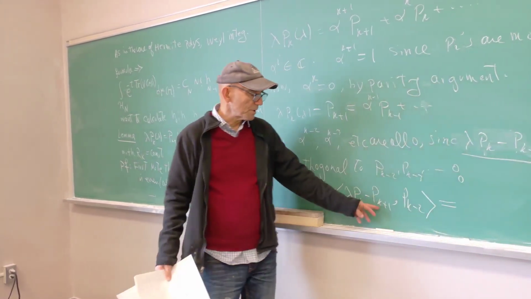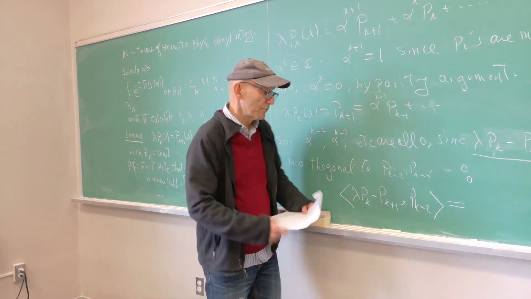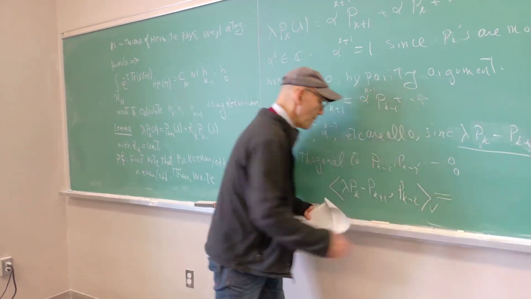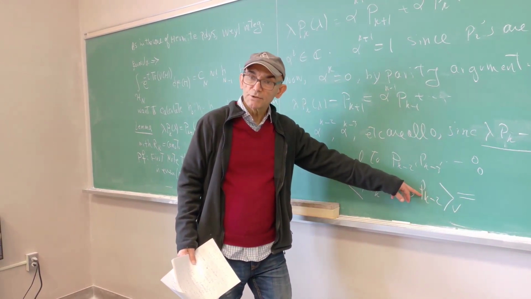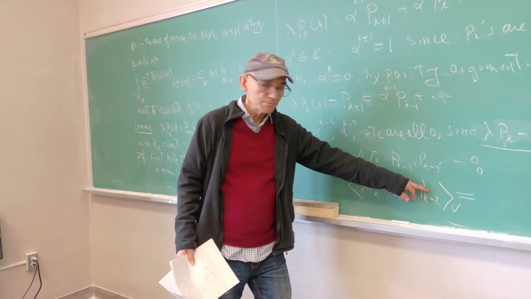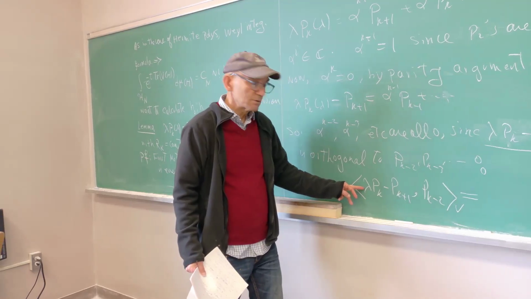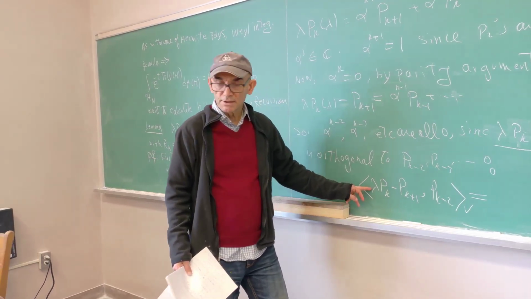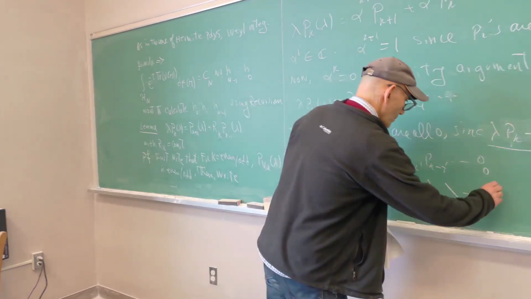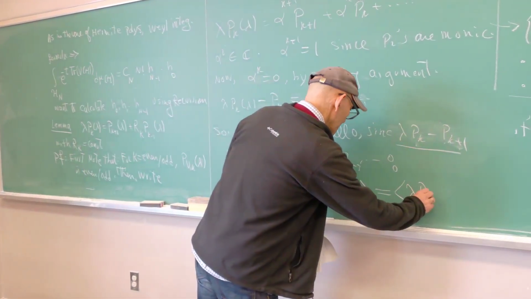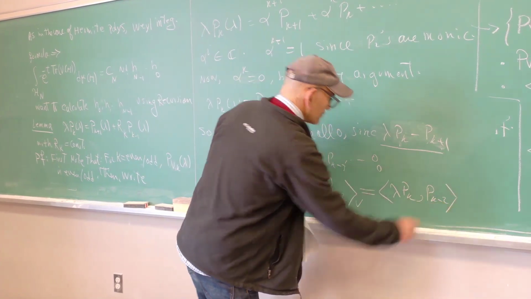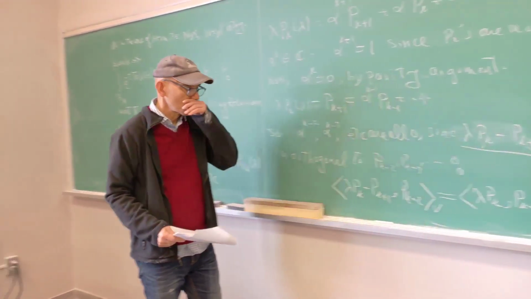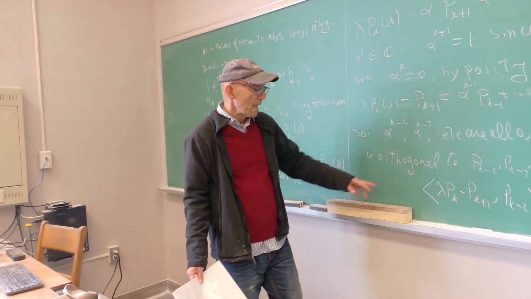First of all, pk plus 1 and pk minus 2, so I have to use this new inner product. This is orthogonal to that, so that drops from the equation, right? Now it remains to show that the inner product of lambda pk and pk minus 2 is 0.